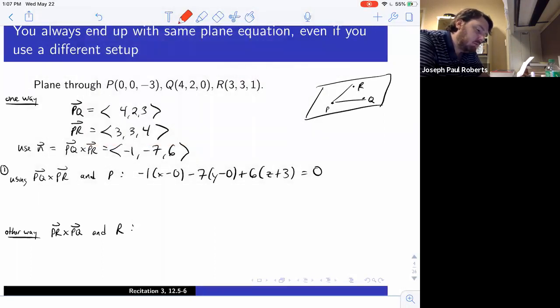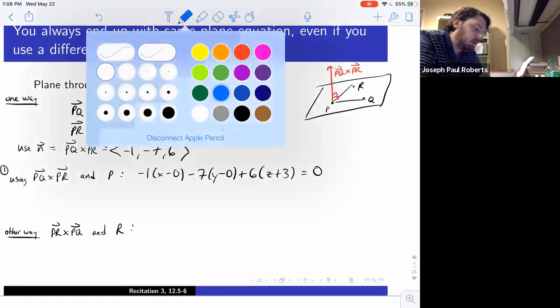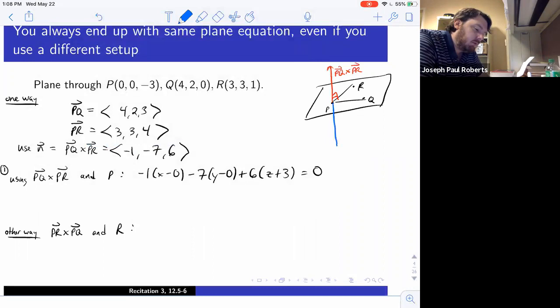Thinking about the right-hand rule, PQ cross PR is going to look like that, right? And then if I did PR cross PQ, we know by the anti-commutativity of the cross product that PR cross PQ is the exact opposite vector. So that still should be perpendicular to the same plane, so it should still work.